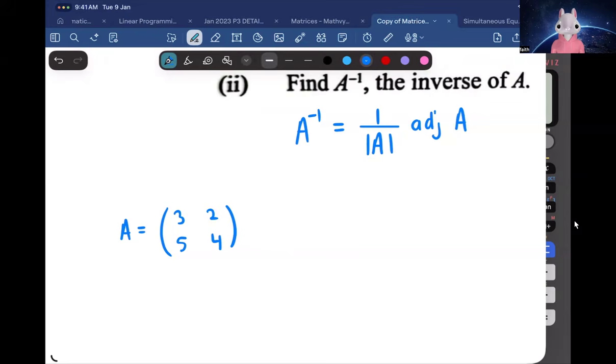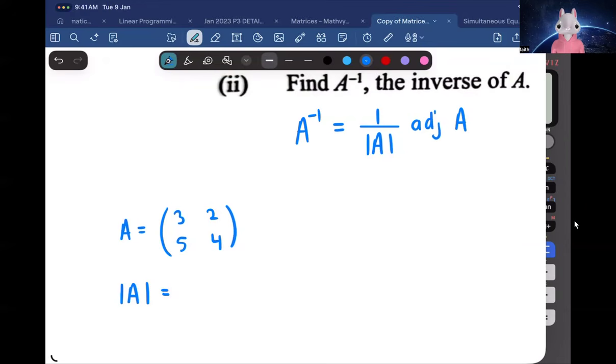So process. A is equal to 3, 2, 5, 4, right? To find the inverse, I need the determinant. So let's find the determinant first. Do you remember how to find the determinant of a 2 by 2 matrix? Thelma, do you remember how to find the determinant? No, sir.